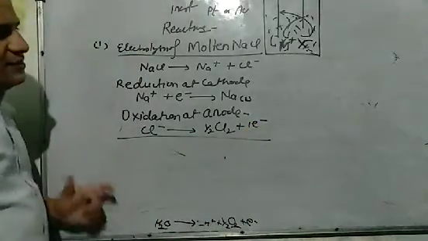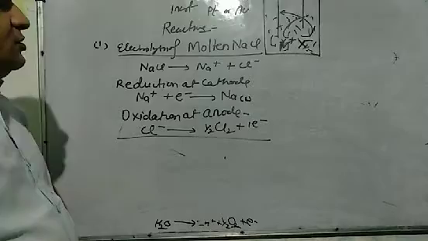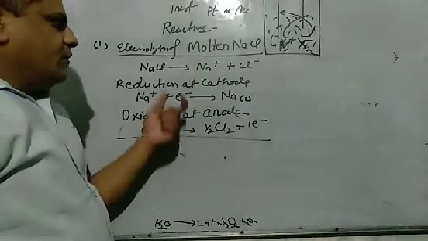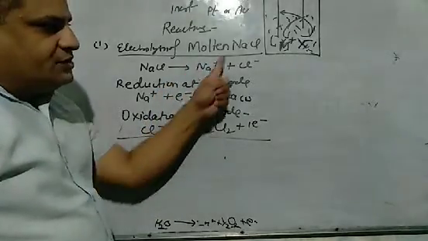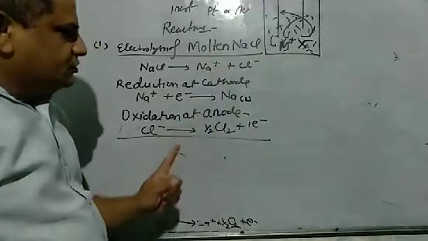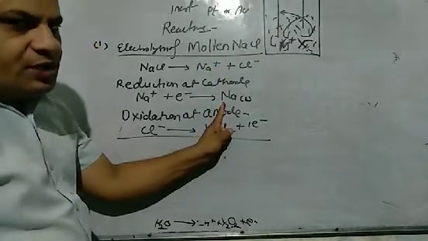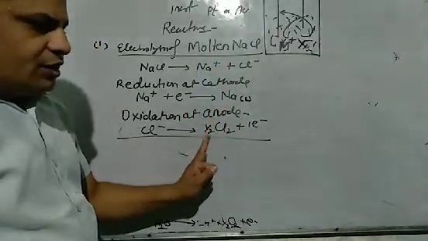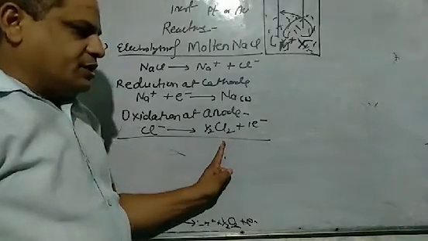So we can say finally that when molten NaCl is electrolyzed, sodium is obtained at the cathode and chlorine is obtained at the anode.